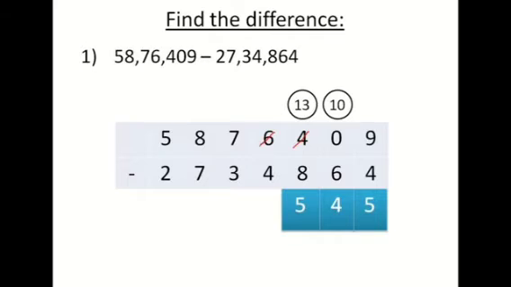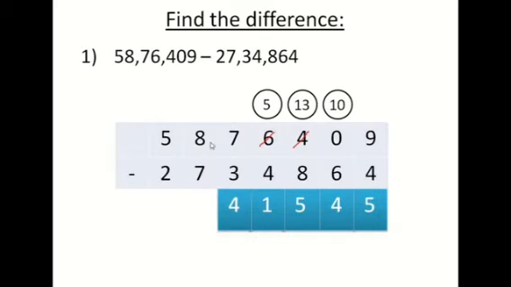As I have borrowed, so 6 will become how much? 6 will become 5. Now 5 minus 4, how much is it? 1. Here 7 minus 3, we need not borrow anything.